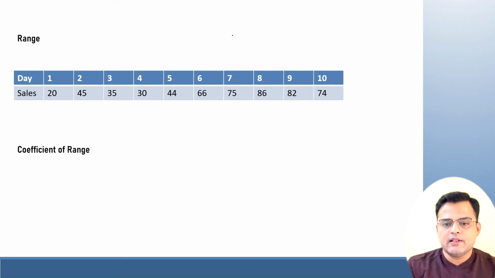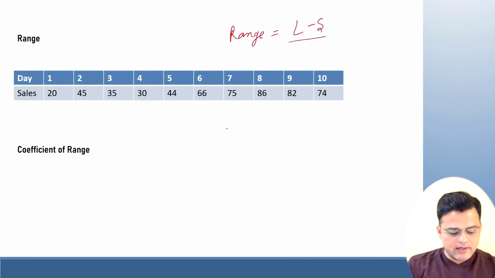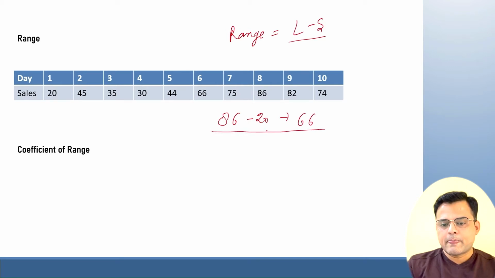My range is the difference between the largest and smallest value. The largest value here is 86 and the smallest value is 20. So my range is 66. This is the range in which my data is spread.